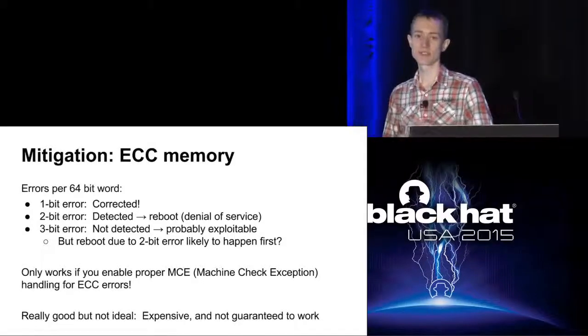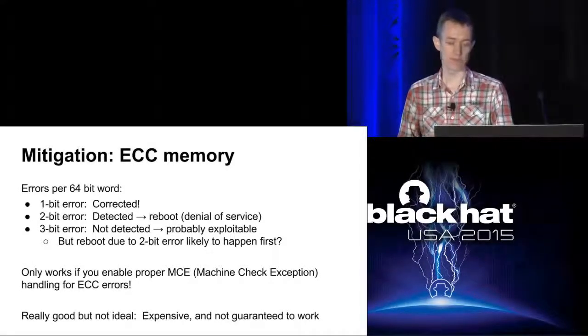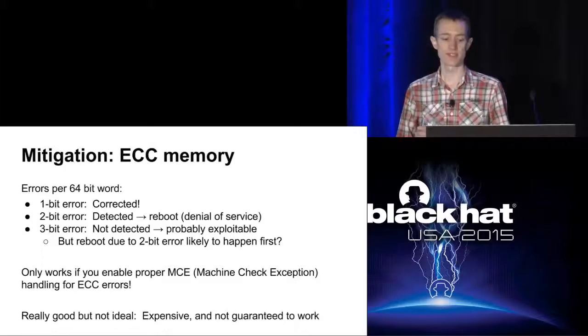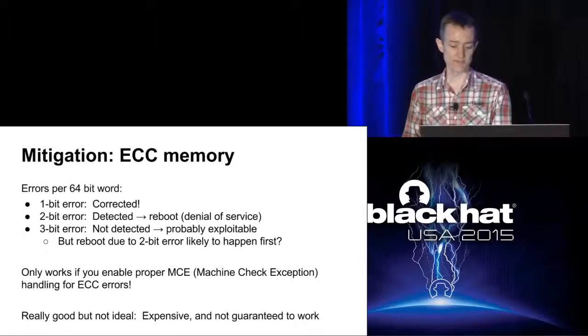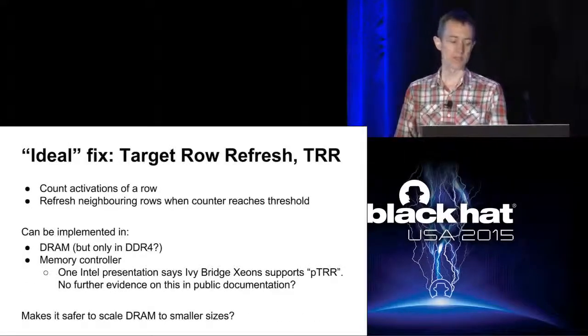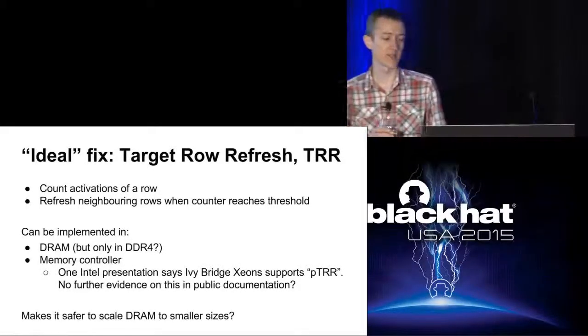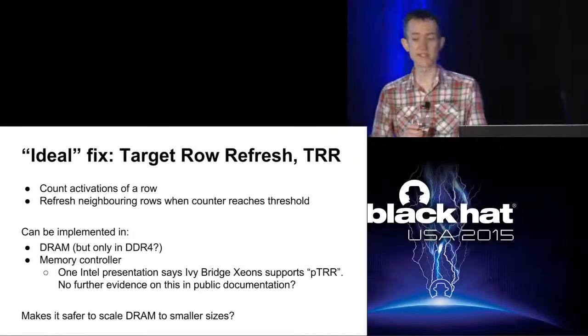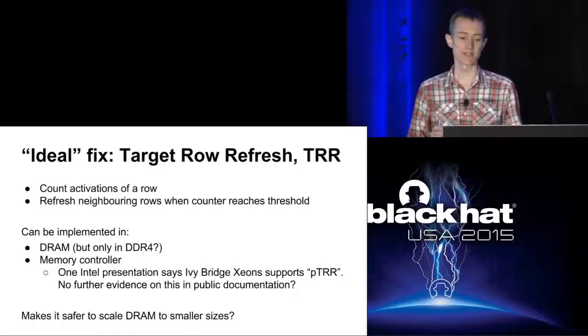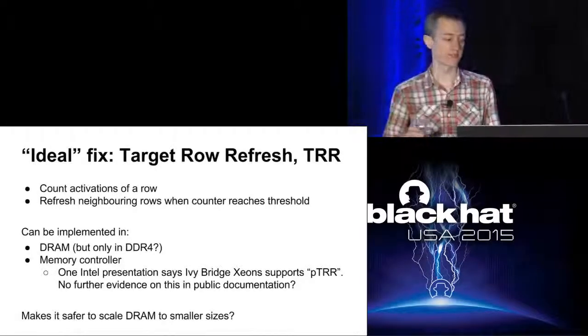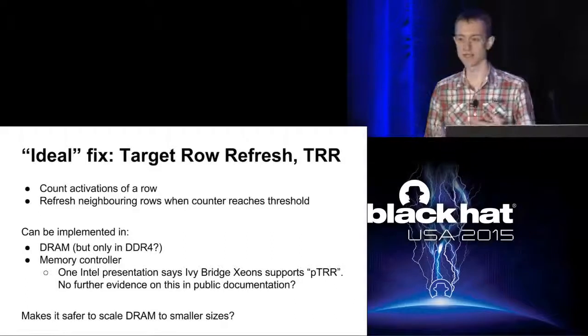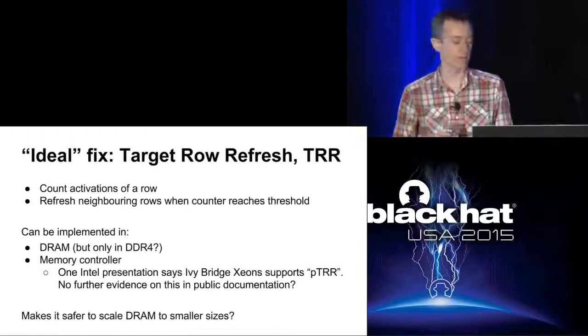ECC doesn't really deal with the root of the problem because it's not really well suited to dealing with systematic errors. So the second mitigation is called target row refresh, and this is specific to Rowhammer. It requires some hardware changes, but it does kind of get to the root of the problem more.